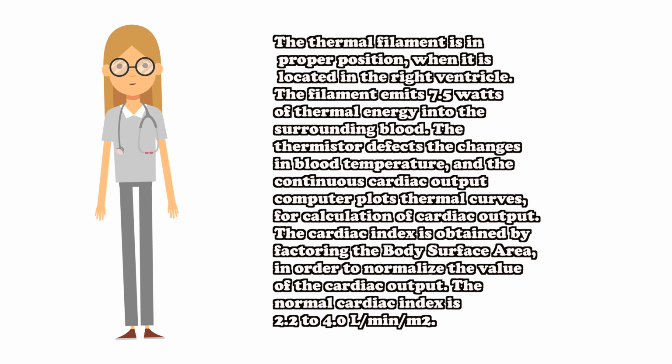The thermistor detects the changes in blood temperature, and the continuous cardiac output computer plots the thermal curves for calculation of cardiac output. The cardiac index is obtained by factoring the body surface area in order to normalize the value of the cardiac output. The normal cardiac index is 2.2 to 4 liters per minute.